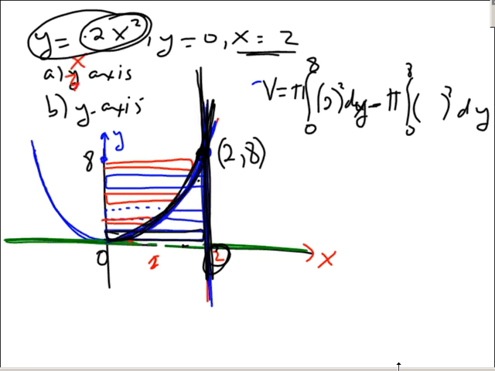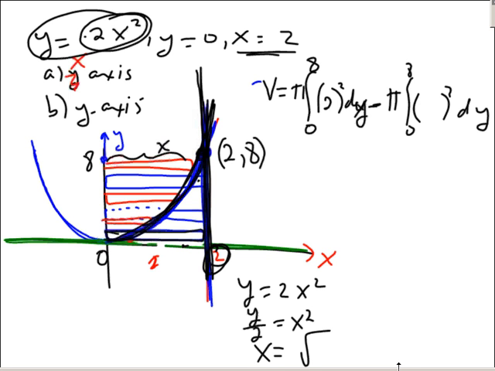Now I'm going to take away the red ones. Well, again, the lengths of the red ones are x. y equals 2x squared means y over 2 is x squared, which means x is plus or minus the square root of y over 2. Now, since our x's are always positive again, I'll keep the positive one. And that's what I put here, the square root of y over 2.